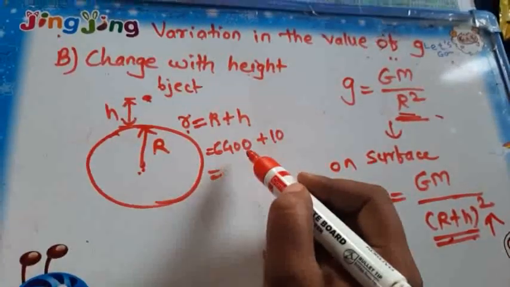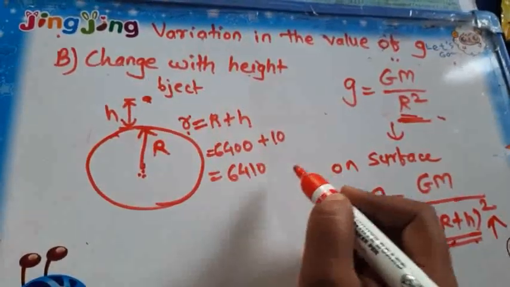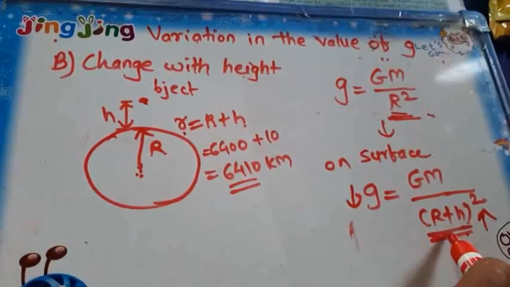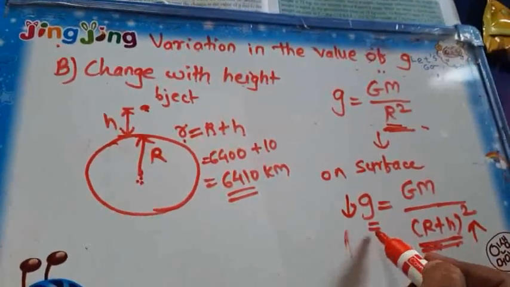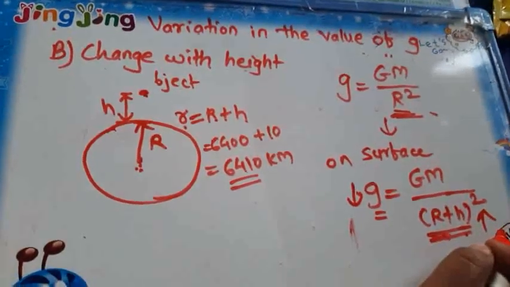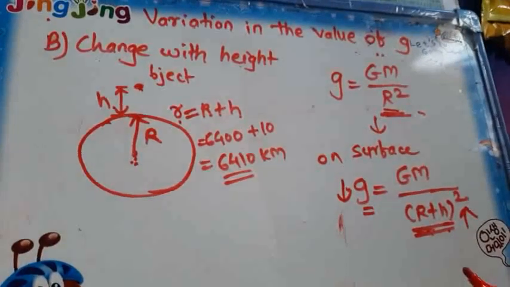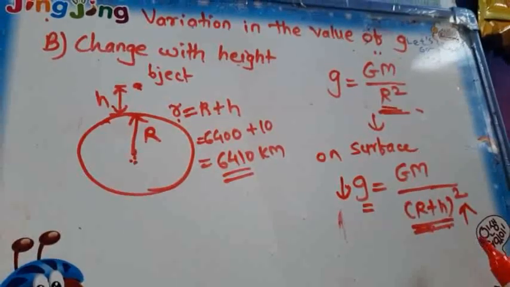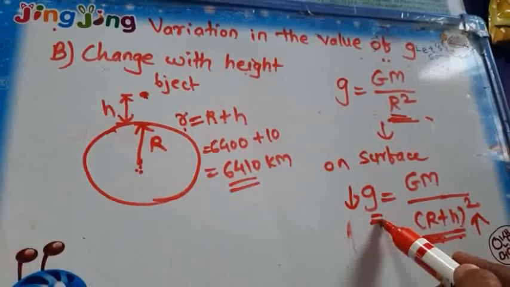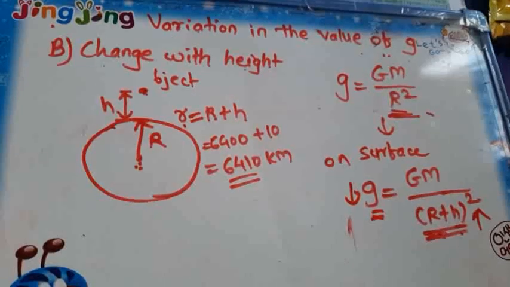So the total distance of the aeroplane from the center will be 6410 km. Now if you put this value in this formula, the value of acceleration due to gravity will change, but that change will be very negligible. So if objects are near the surface of earth, the value of acceleration due to gravity will change, but that change will be negligible.